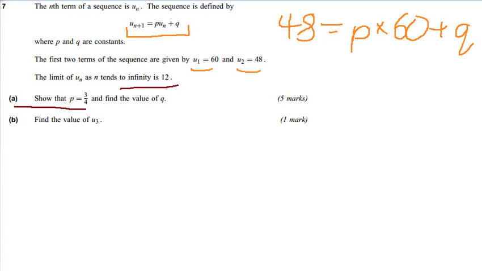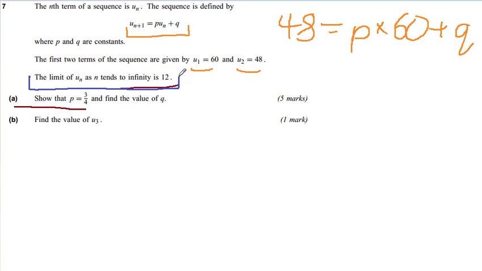Then we get told the limit of U of n as n tends to infinity is 12. So from that we can have our second equation, because the limit of U as n tends to infinity is 12. So as high as you can go with n, the next term is always going to be 12.